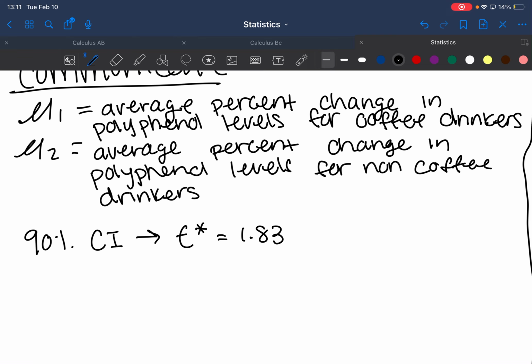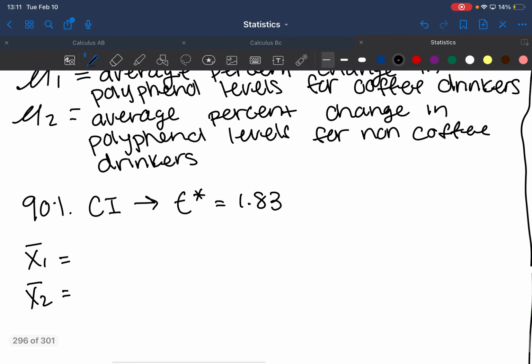The mean? Yep, so you need x1 bar and x2 bar, which you would calculate on Desmos. Okay, what else would we need? Standard deviation, so S1 and S2. Okay, we're missing 2 more things. Good, N1, which is 10, and N2, which is 10.